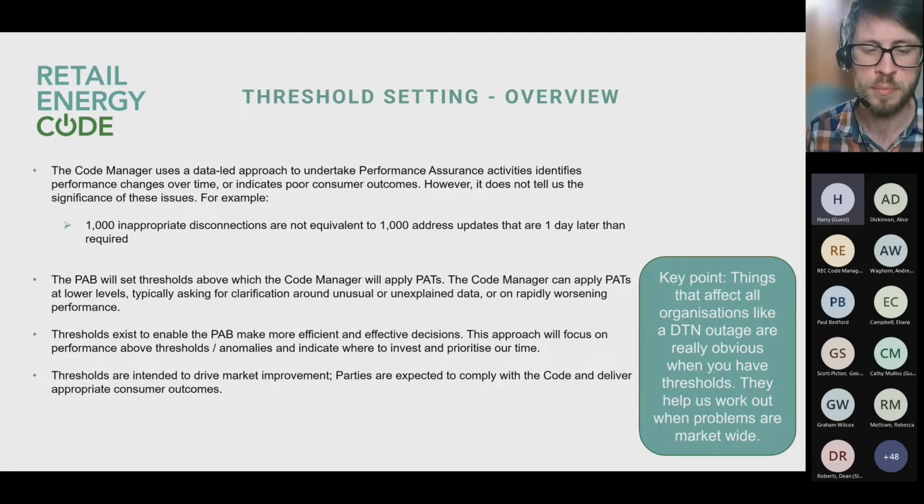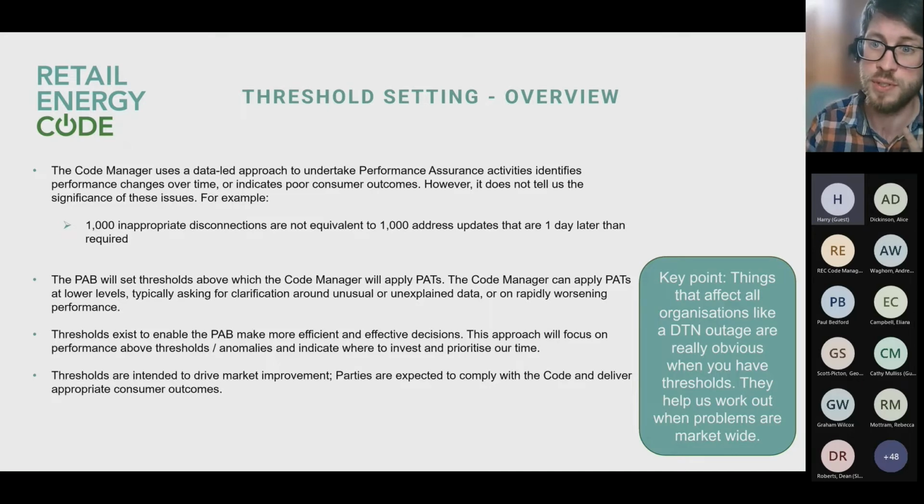So what we do with this information is we look at people's performance, and we're looking for trends in the data that might suggest problems. If someone is over a threshold, we think that suggests a problem, but we also could find some strange behavior in the data that might suggest there's a problem, but it didn't meet the threshold criteria. So we're looking for unusual, unexplained, rapidly worsening performance.